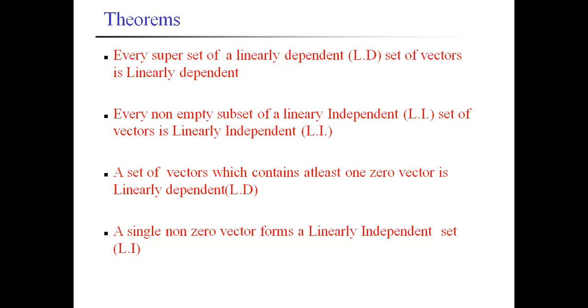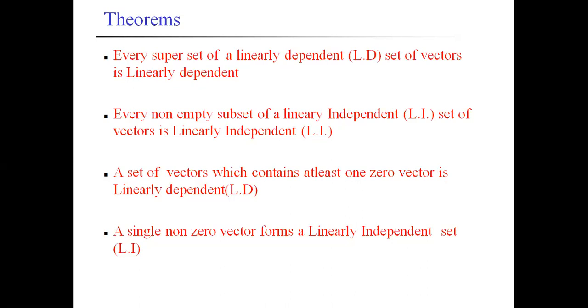For that we take at least one constant, c1, multiplying the zero vector, and all the other constants are considered as 0 scalars. Therefore, c1 times u1, the zero vector, plus 0 times u2, plus 0 times u3, and so on, plus 0 times un equals 0.